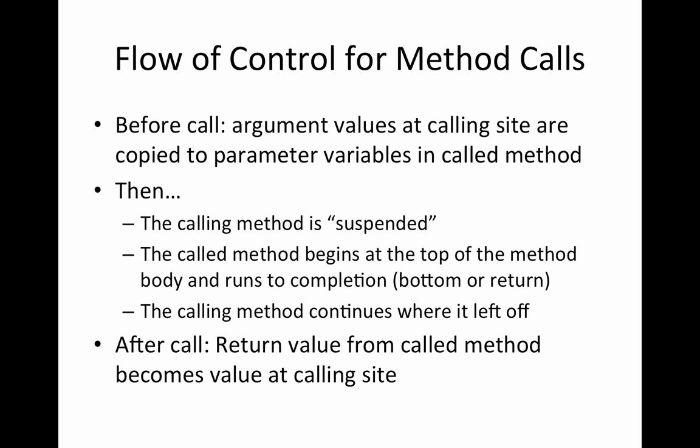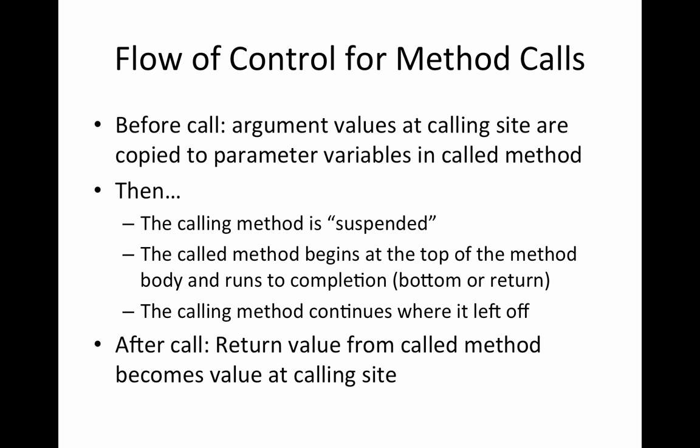After the call, the return value from the called method becomes a value at the calling site. For example, suppose we are continuing the story about the sum method that we had before. The calling method might have a line saying int z = sum(1, 2); The return value from the called method, which will be the sum of 1 and 2, which is 3, will become the value at the calling site.